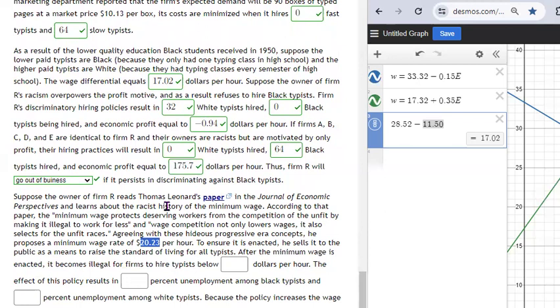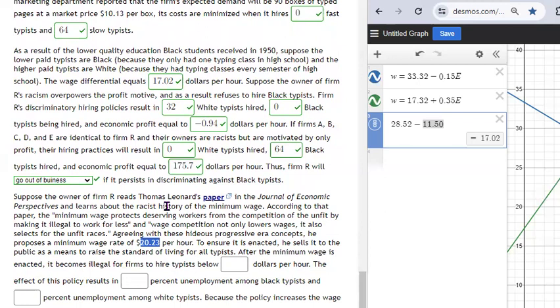Okay, so this owner who is racist is trying to use the law to force his racism and his decisions on his competitors, because he knows the competitors will win. They're going to have economic profit. He's going to have economic losses, and he's going to be kicked out of business. So how do you force competitors to discriminate?